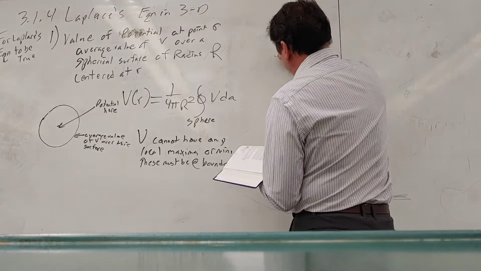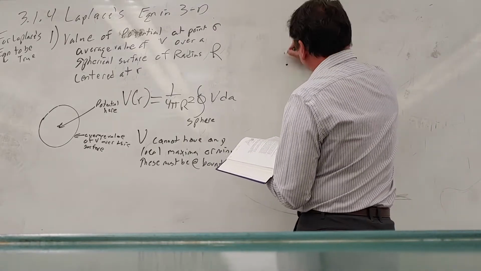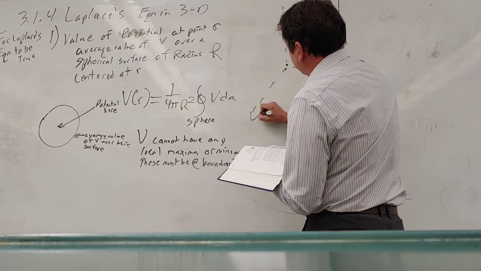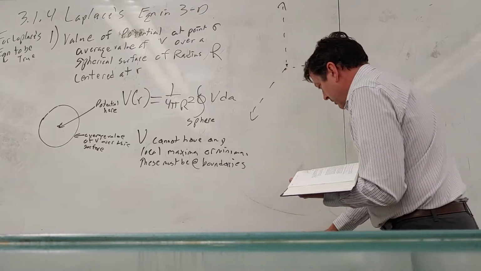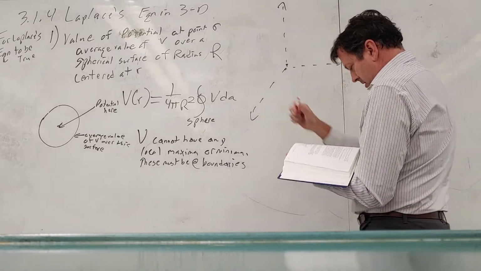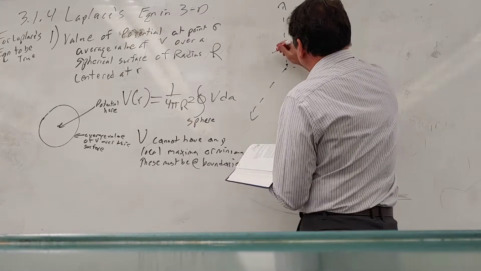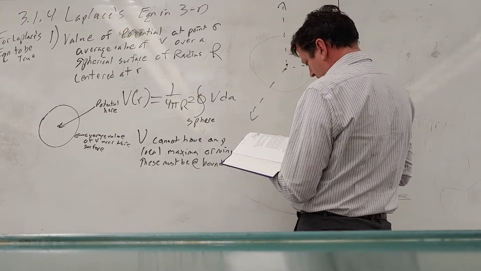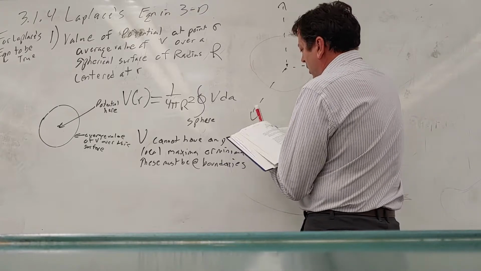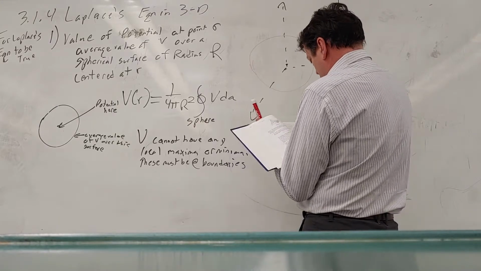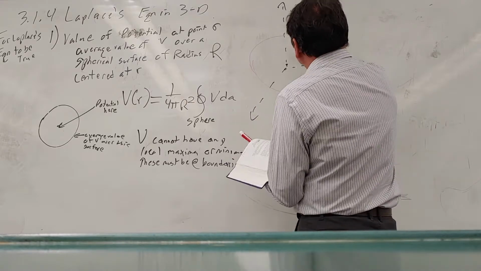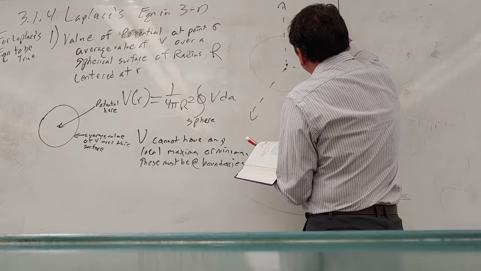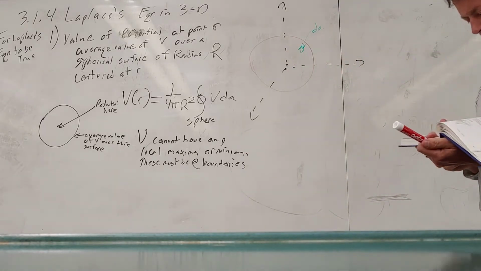And so they take some sphere. So here's like this, like this, like this. And let's say our sphere is right here. And on this sphere, we want to look at some patch. This is going to be our dA on that sphere.